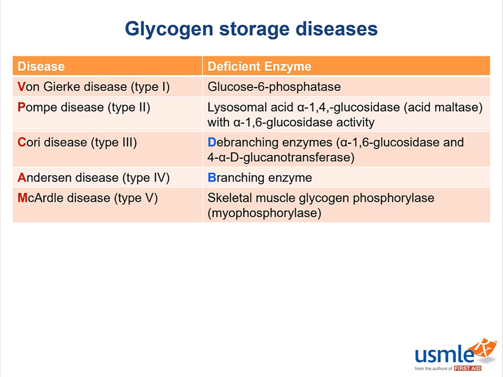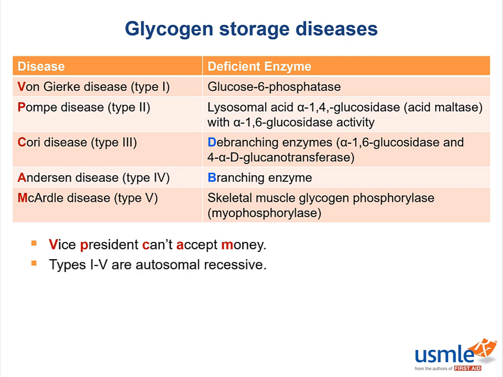So here's a summary of the names of the diseases, which numeric glycogen storage disease they are, and the deficient enzymes. In addition to the memory tricks we've already discussed, there are a few more. The first is Vice President can't accept money, which helps you remember the first letter of each disease in numerical order.